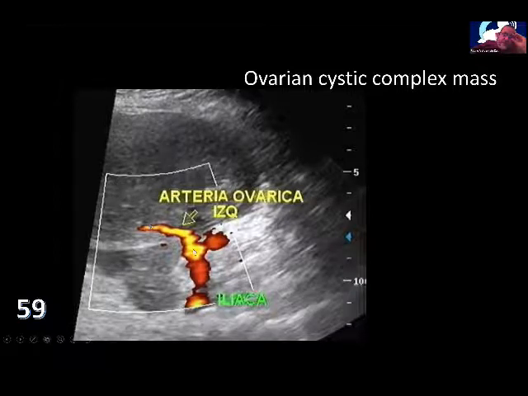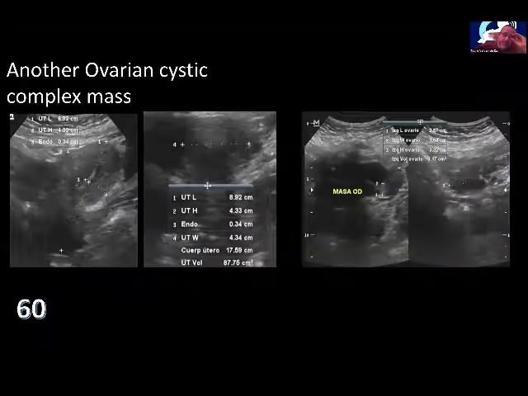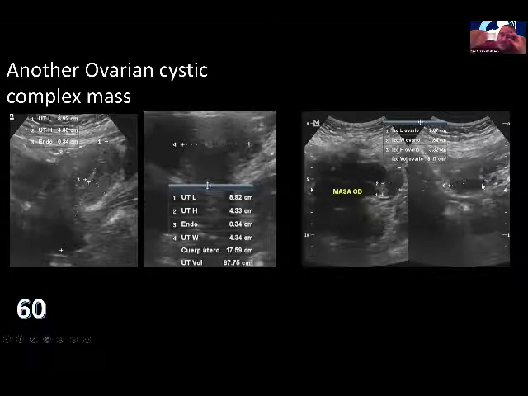The left ovarian artery identified by Doppler. And one more ovarian mass. Left ovary, right abnormal ovary.